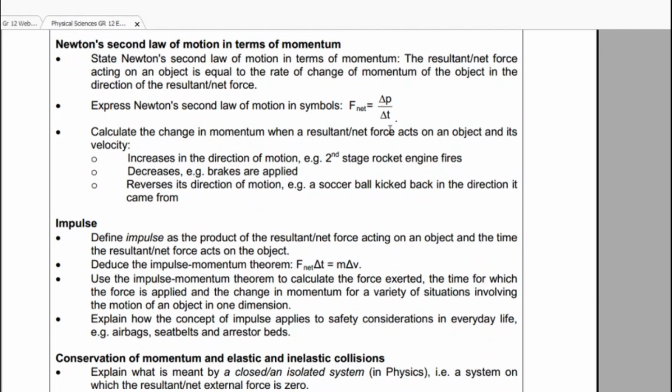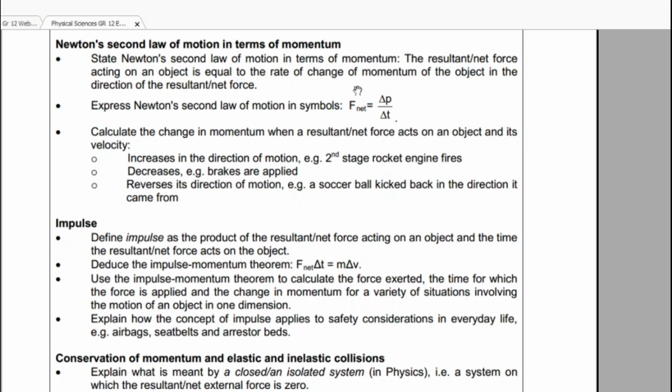So from that definition, Newton's second law of motion in terms of momentum, if you rearrange this formula and make delta P the subject of the formula, you will see that the change in momentum is equal to impulse, right? And impulse is defined as the product of the net force exerted on an object times the time the force acts on an object.